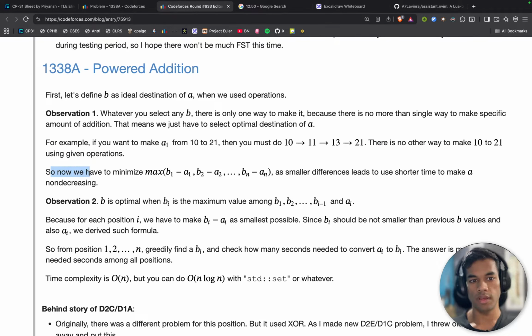So now we have to minimize this thing. Makes sense, as smaller differences lead to shorter time to make the array non-descending.